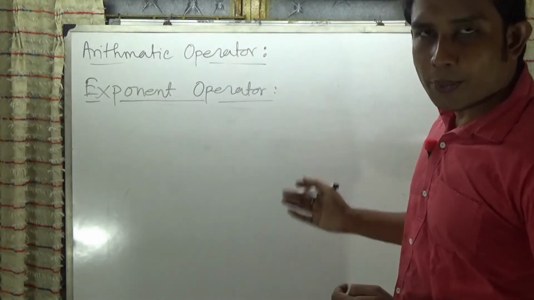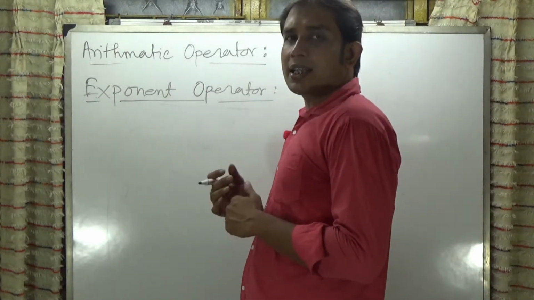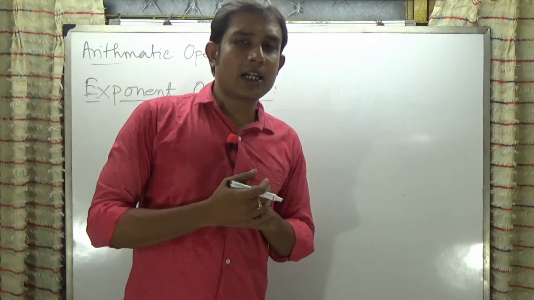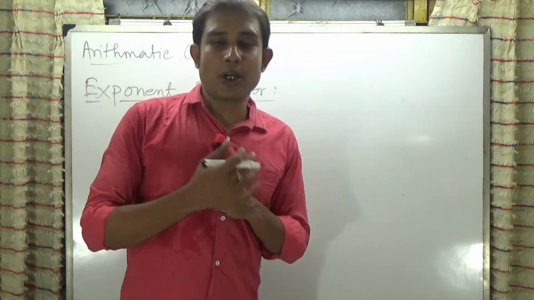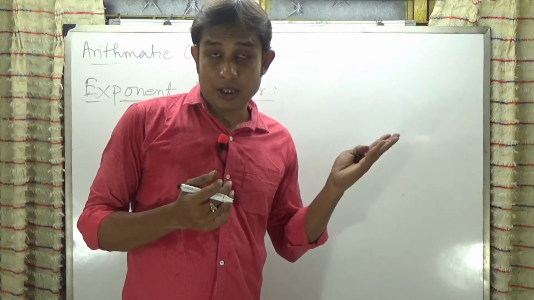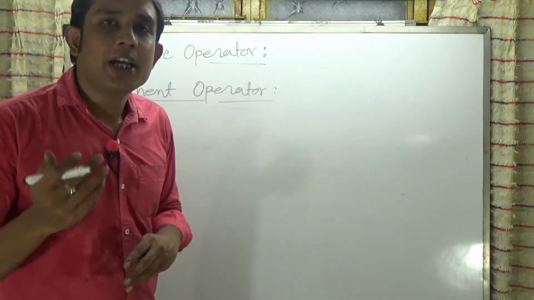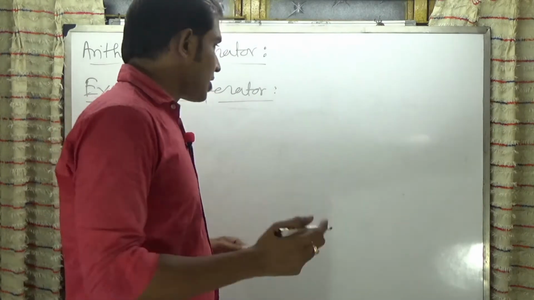Now the exponent operator. Exponent means the power value. If we are going to calculate the power value or exponent value using Python programming, we can use the exponent operator, which is denoted by 2 asterisk signs.